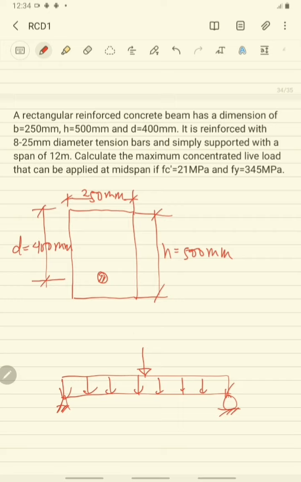It is assumed that the live load is at the midspan. So we'll let that as PL, and this is the weight of the beam, in kilonewton per meter. Okay, the length is equal to 12 meters.